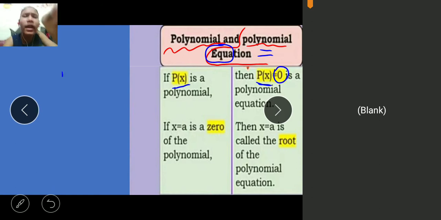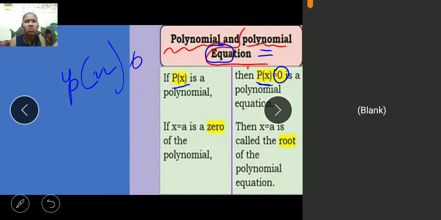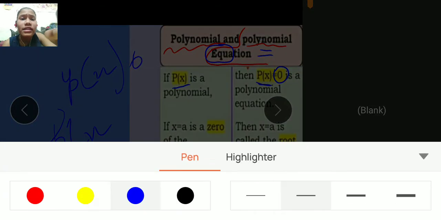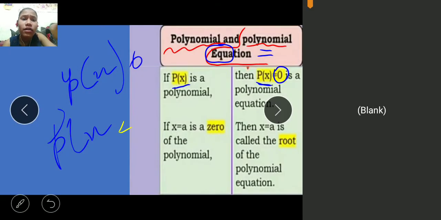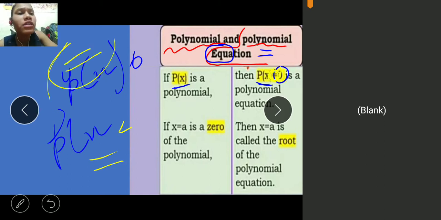If you write just p(x), it is a polynomial. But when you add this magical thing, the equal to sign, they become a new formation, that is an equation. When we add the equal to sign, we get a new formation, that is our polynomial equation.